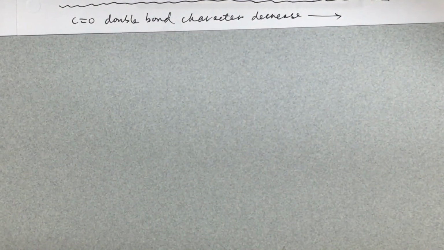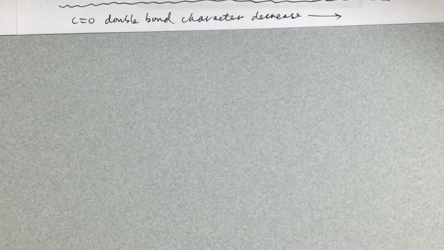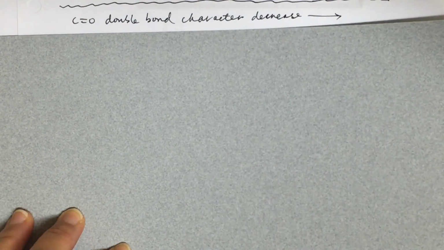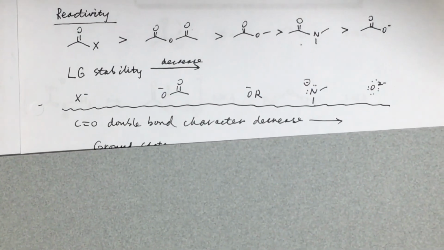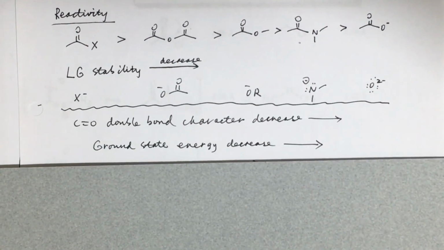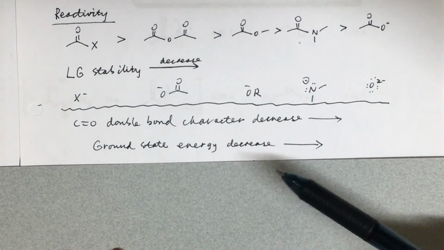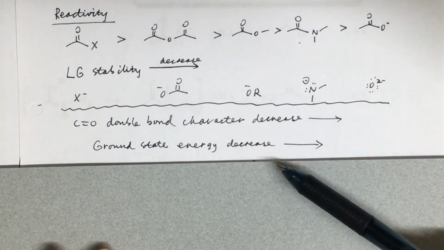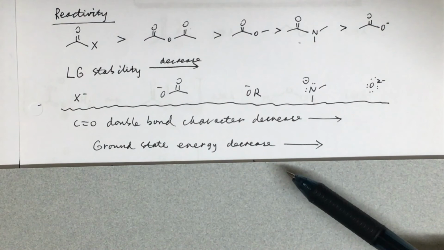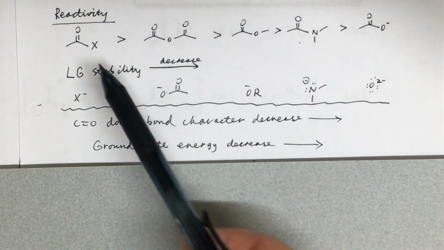Therefore, the essential reason for the different reactivity has to do with what we just discussed. The double bond character of the carbon-oxygen bond decreases from left to right. I should show you this list of reactivity as well. Because of that, the ground state energy also decreases from left to right, from acid halide to amide.